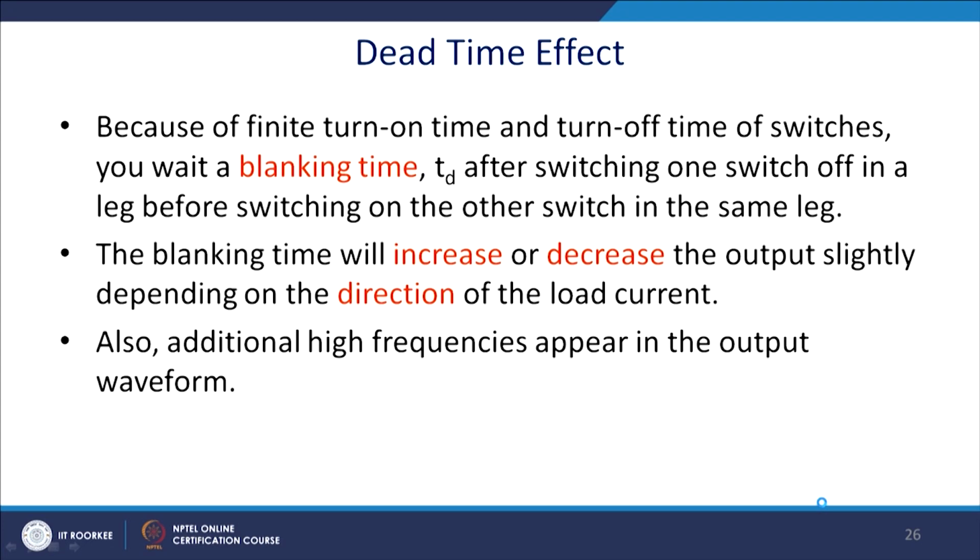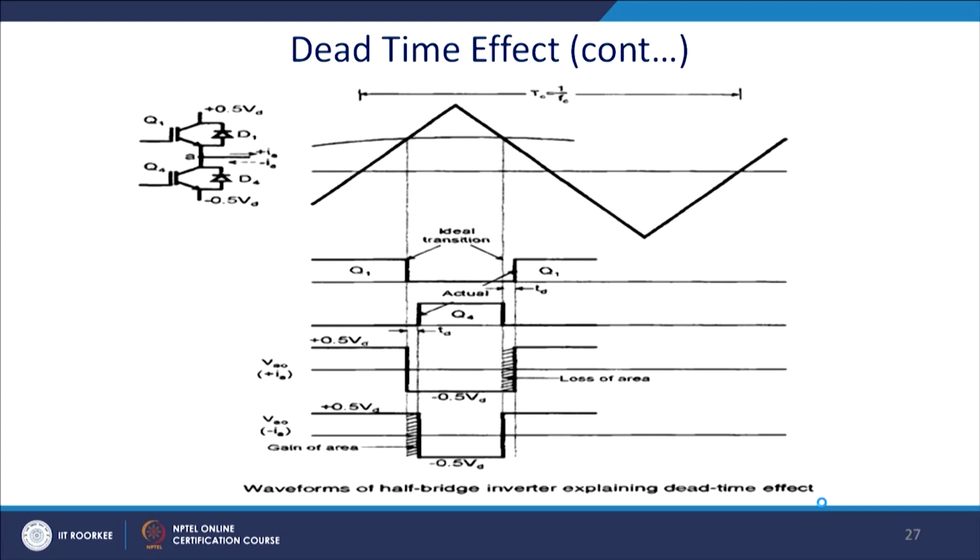Now, we shall discuss the effect of the dead time. We shall go back to the circuit first, thereafter we will discuss. All the inverters are required to give a dead time.